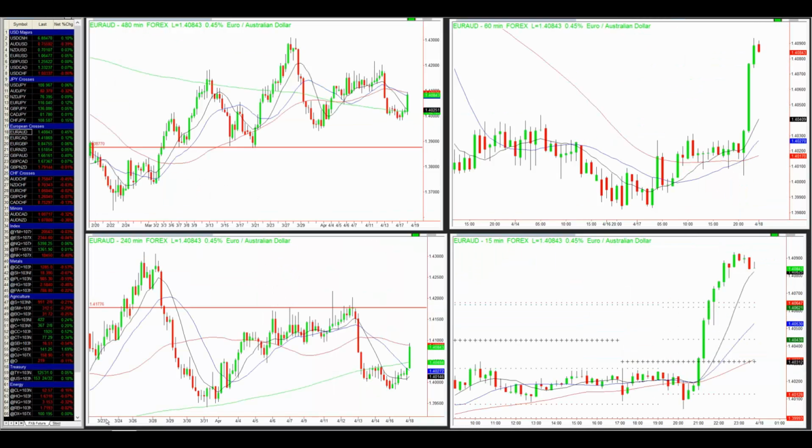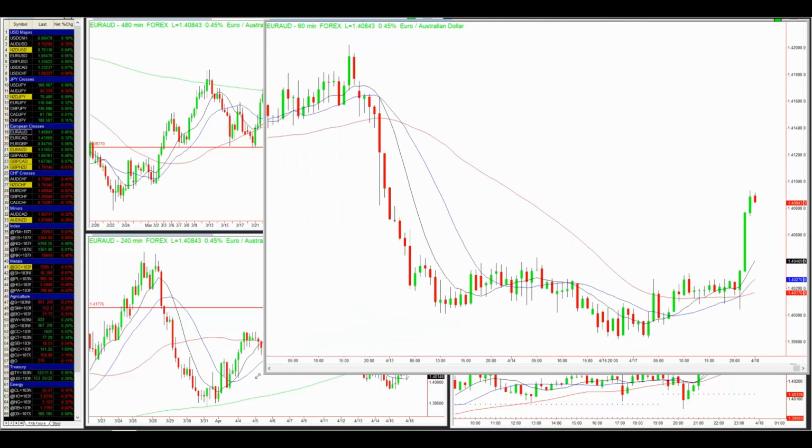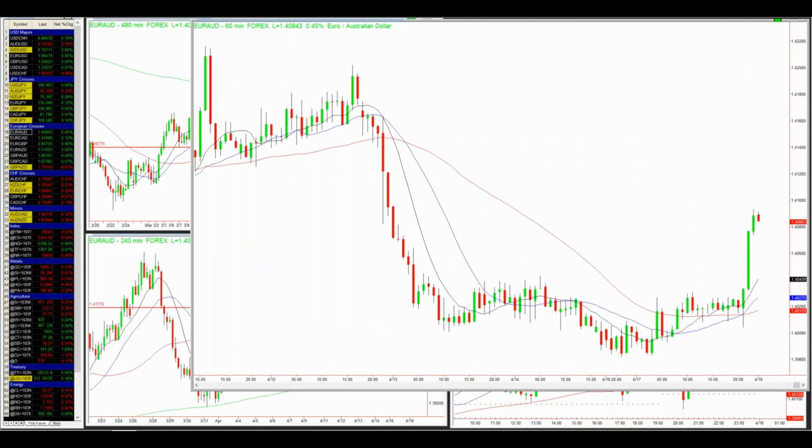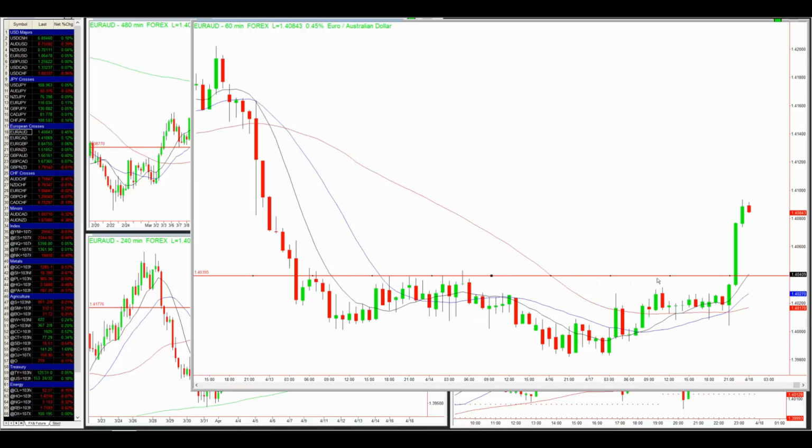And what I can see here on the 1 hour chart is that price has broken out of a consolidation range as well. The top of the range is 1.4041 around there. So I'm waiting for the price to pull back towards the top of this trading range on the 1 hour chart.